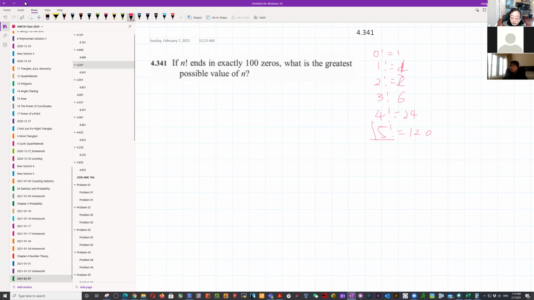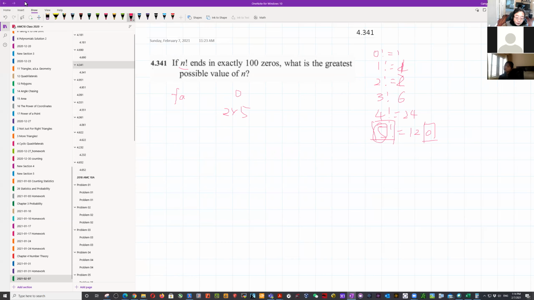So only on reaching 5 do you get a 0. And then you realize that to contribute a 0 at the end of n factorial, you actually have to introduce a factor of 5. Because anything ending with 0 is basically 2 multiplied by 5, meaning you have a factor of 2 multiplied by 5. There is an abundance of 2s because starting from 2 factorial there are a lot of factors of 2.